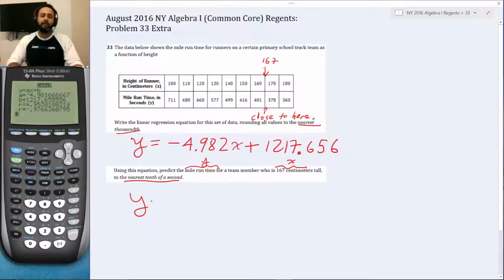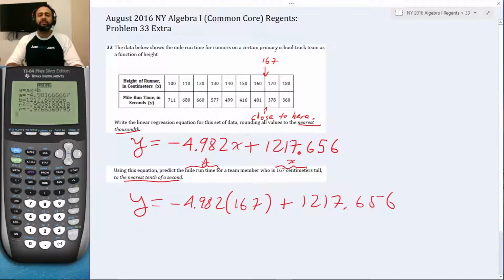So y is equal to negative 4.982 times x, which is 167, plus 1217.656. What this conversation does, though, is it helps you to evaluate whether the answer is correct. So in other words, this conversation is a check.